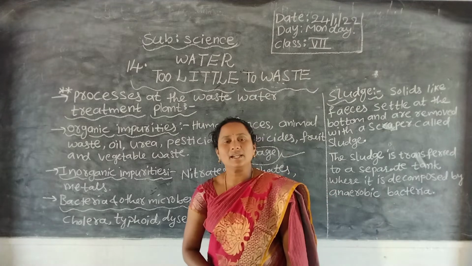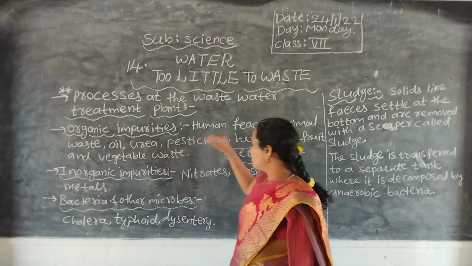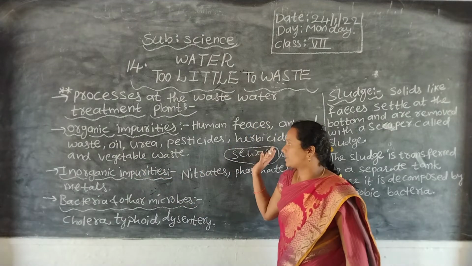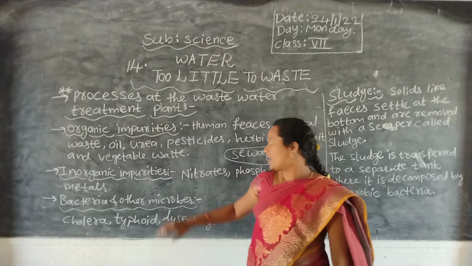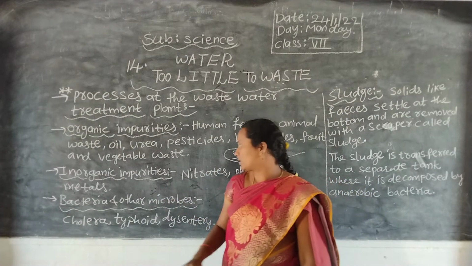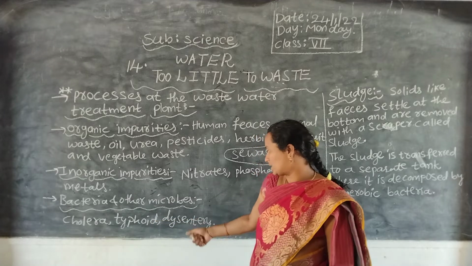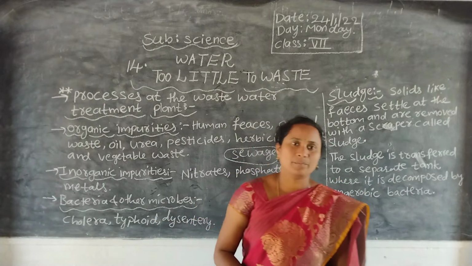This contains different types of impurities. Organic impurities are human feces, animal waste, oil, grease, pesticides, herbicides, and fruit and vegetable waste. Inorganic impurities are nitrates, phosphates and metals. Bacteria and other microbes, cholera-causing, typhoid-causing and dysentery-causing microbes, are present in this water.